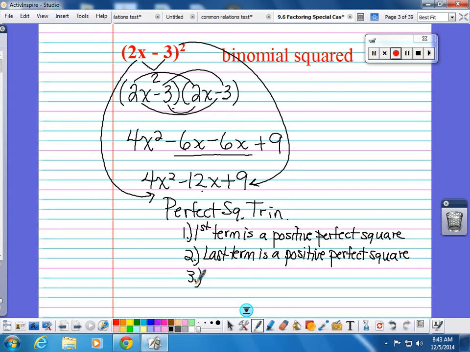Number 3. This is kind of hard to explain. Let me explain it, and then we'll try to figure out a way to write it for number 3. The middle term is found by figuring out what you would square to get your first term, what you would square to get your last term, doubled.